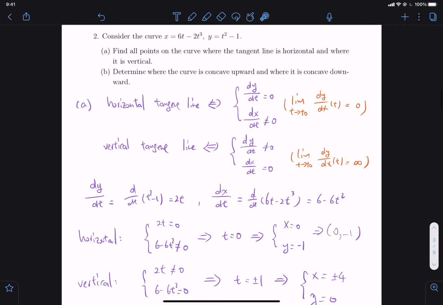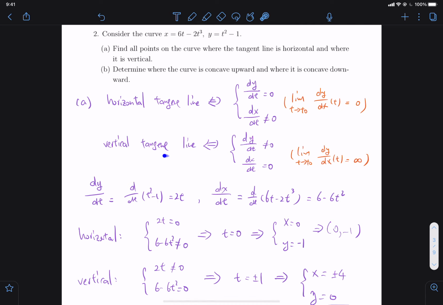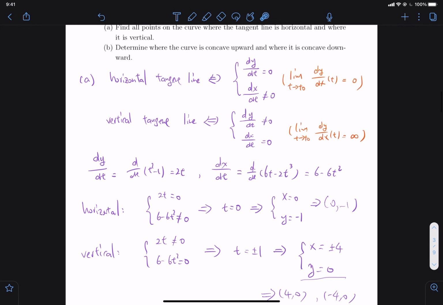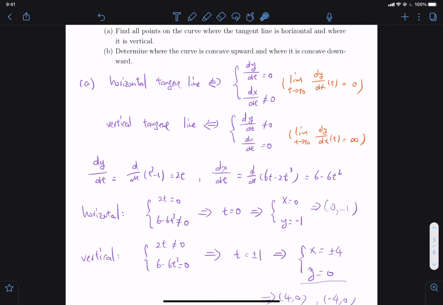This derivative equal to 0 means a horizontal line. And a vertical tangent line means it has infinite slope, or the slope does not exist. In terms of this, we have dy/dt not equal to 0, but dx/dt equal to 0. Now to find those points, for the horizontal case, we let 2t equal to 0, and this other one is not 0.